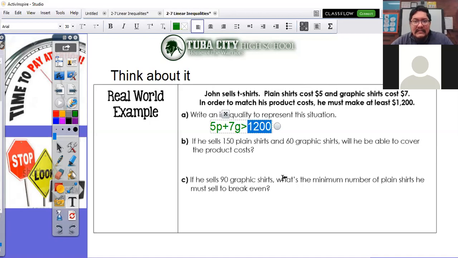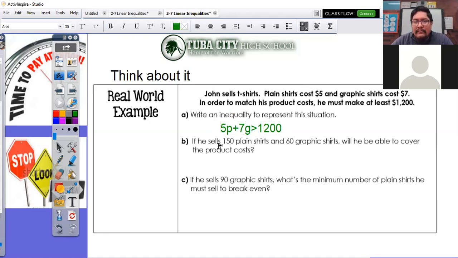This is his production cost. This is how much money he makes. Which side do we want bigger? We want how much he makes to be bigger than his cost. So that means the mouth is going to open towards the P and the G, right? So we want this side to be bigger, which means this is facing the right direction.